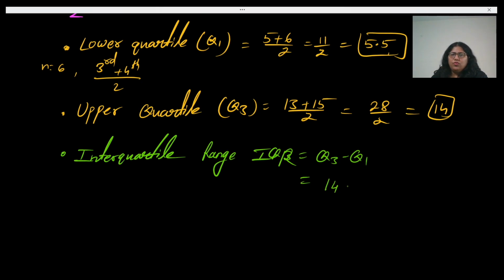Q3 is 14, minus Q1 which is 5.5. If you subtract these two, you will get the interquartile range, and that comes to 8.5. So this is the way you calculate Q1, Q2, Q3 and the interquartile range.